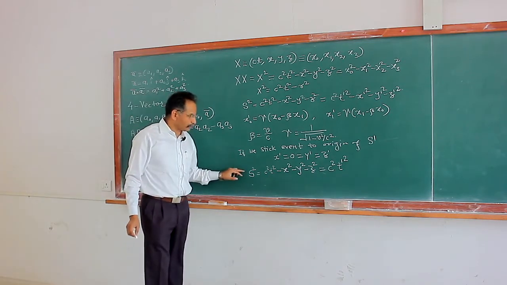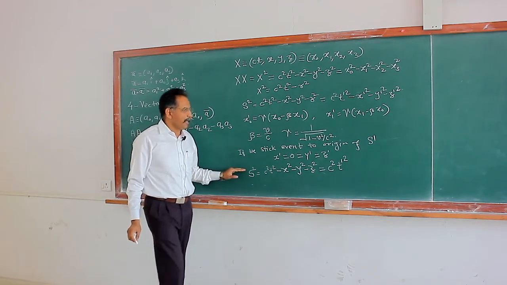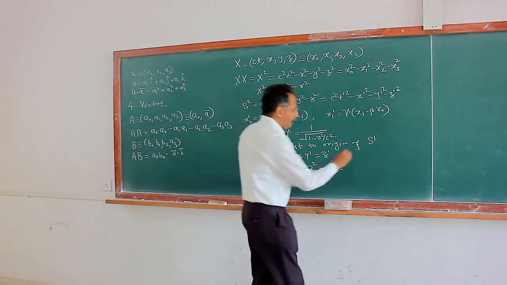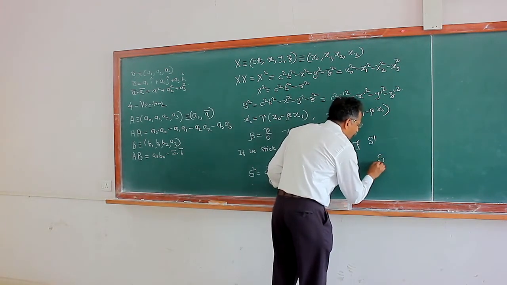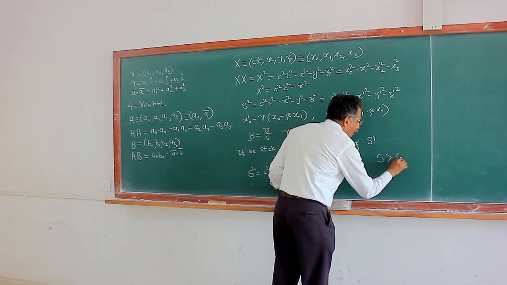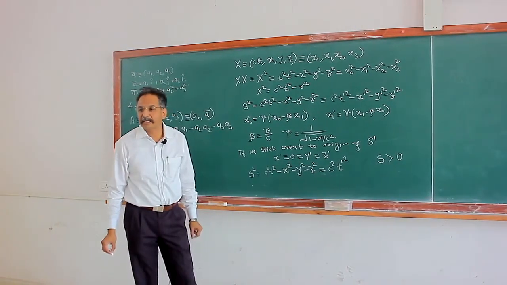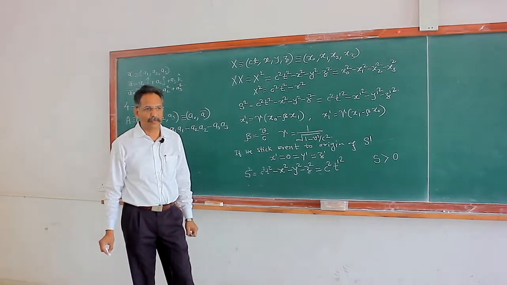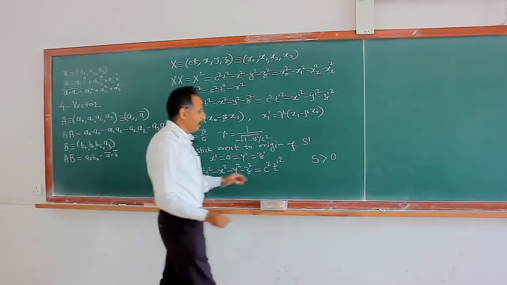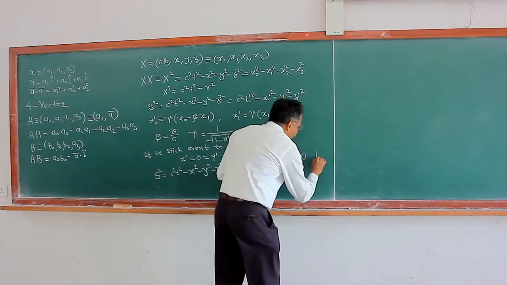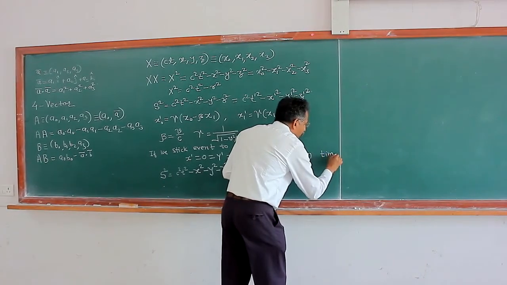Now, in this situation, if S is greater than 0, then that event we call a time-like event in special relativity. So if S is greater than 0, it is time-like.